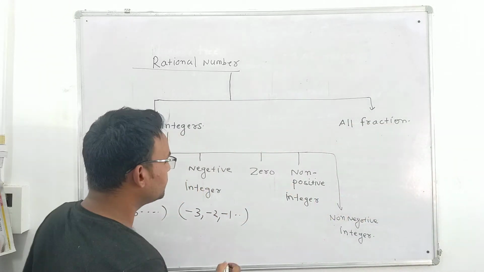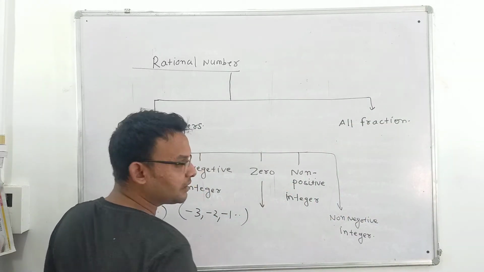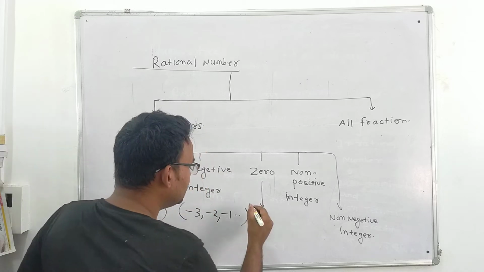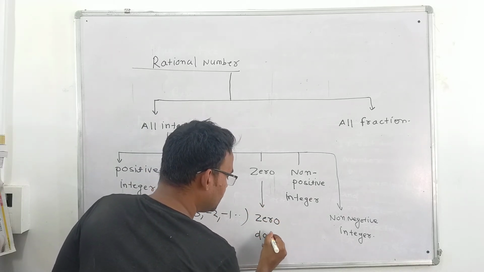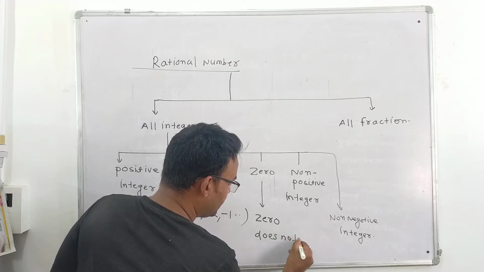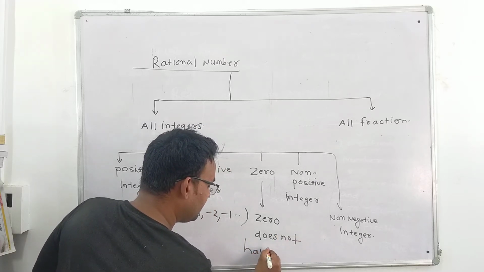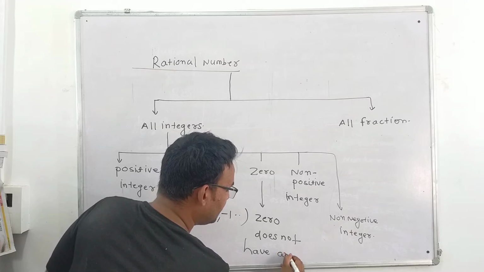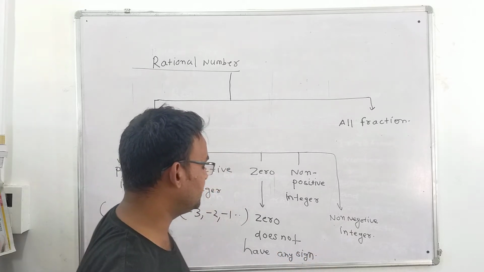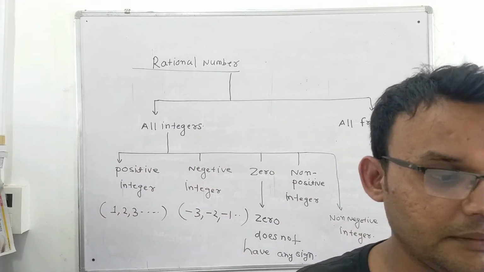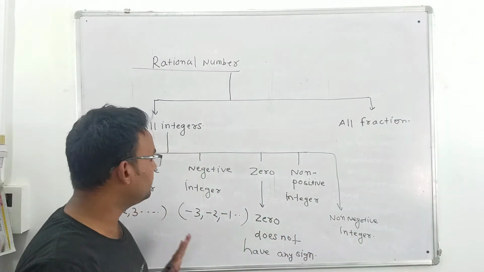Now in case of 0, 0 is an integer, but 0 does not have any sign. Okay, remember this point.